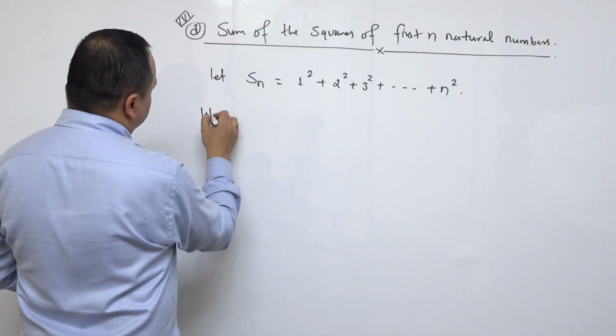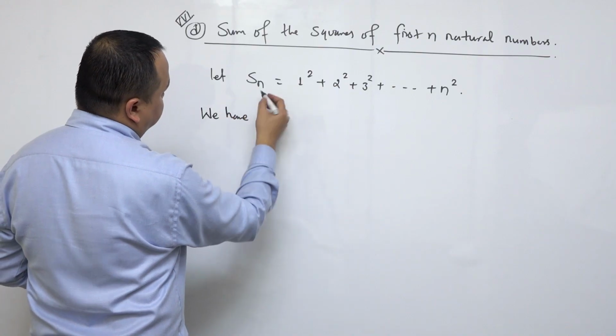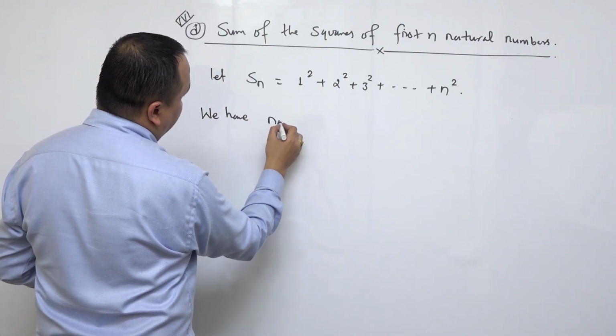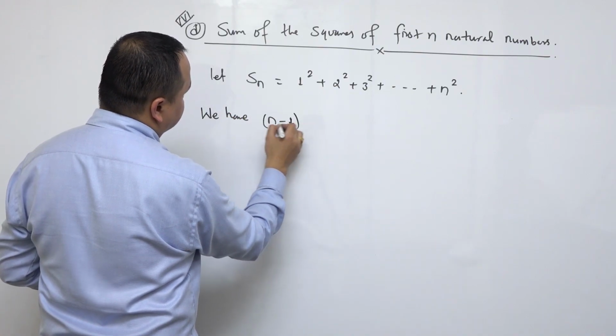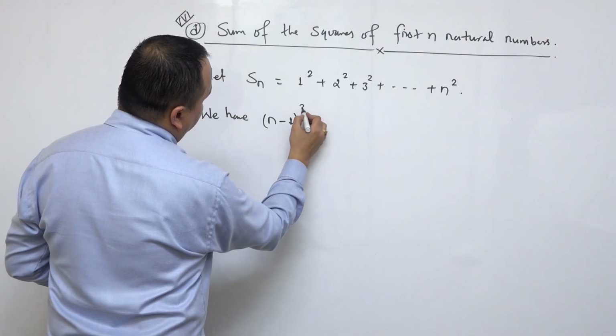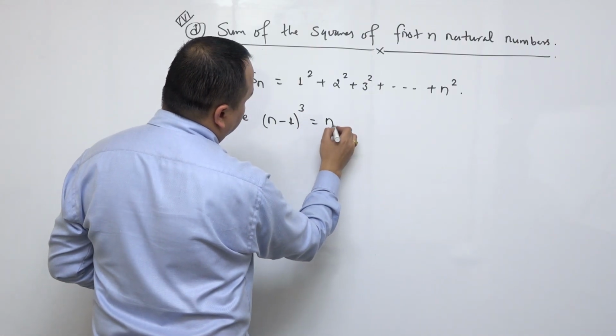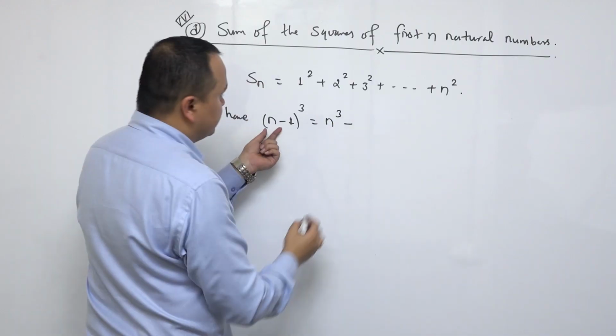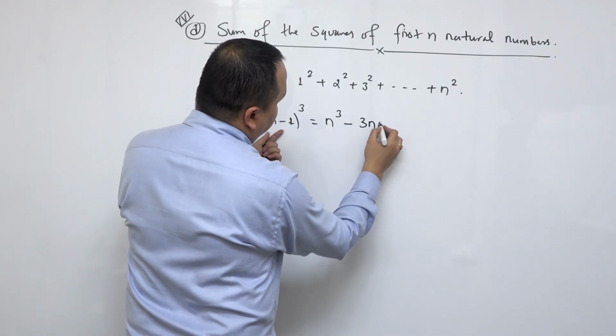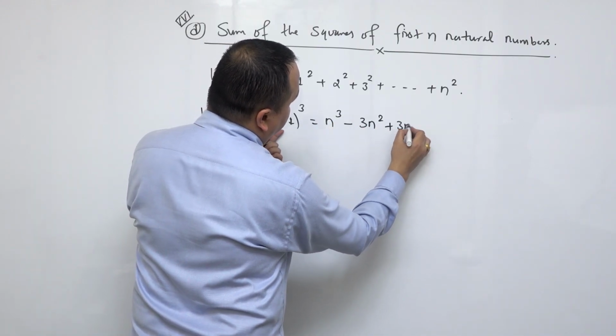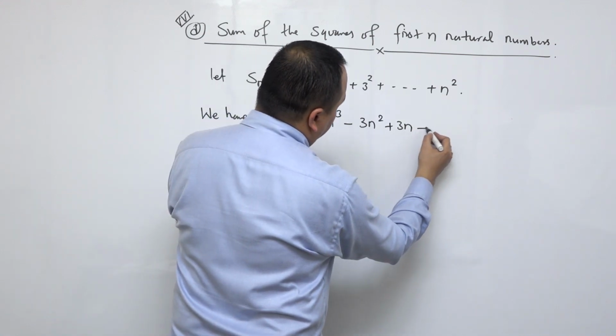We have n minus 1 whole cube is equal to n cube minus 3n square plus 3n minus 1.